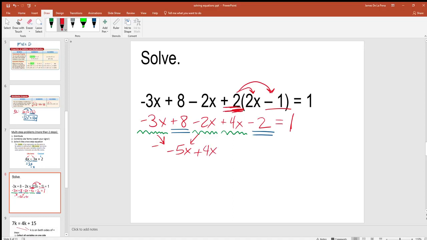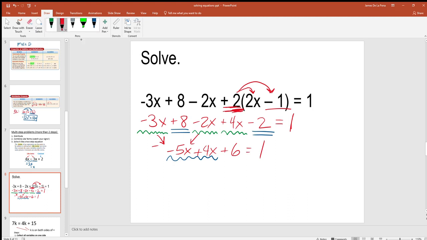And now let's do our blue, the values that I underline here in blue. We have positive 8 minus 2. Those are just constant values, so we can just add, subtract them left to right. Positive 8 minus 2 is positive 6 equals 1. And let's combine our like terms again. Here we've got negative 5x plus 4x.